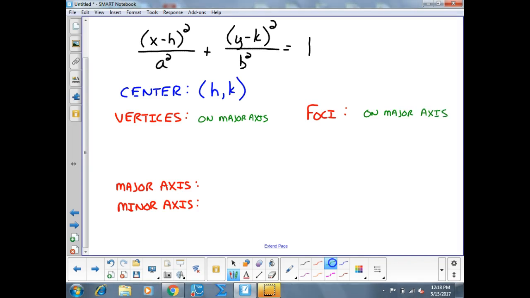Okay. What else are the vertices? So instead of saying on the major axis, we could say something else there. In an ellipse, that's the major axis. Look back in your notes. What else can we say about vertices? Or what else can we say about foci?